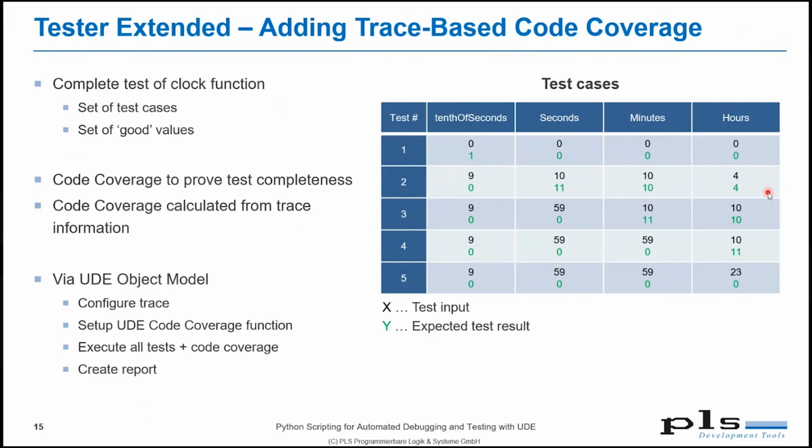And for our test script, that means also that not only the tester has to be implemented, but we have to also configure and execute the trace in parallel to our test executions.